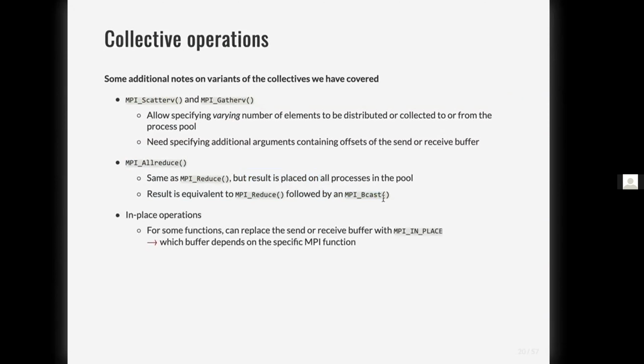And then another thing that I want to talk about that we won't really see, but maybe it's good to have in mind, is that some of these functions allow for so-called in-place operations. So for some of these functions, you can replace the send or receive buffer with this special variable MPI in place. It depends on the function whether you will replace the send or the receive buffer. But what this does is it instructs MPI to use the same buffer for receive and send, right?